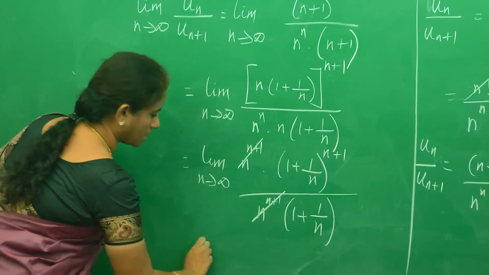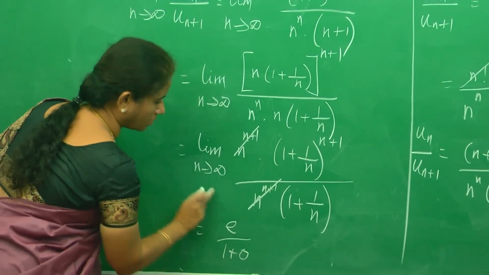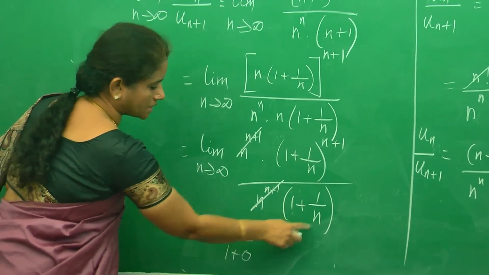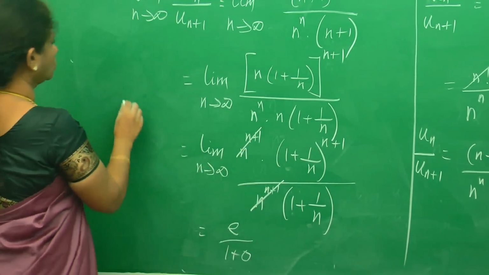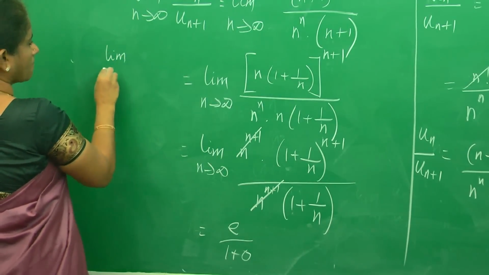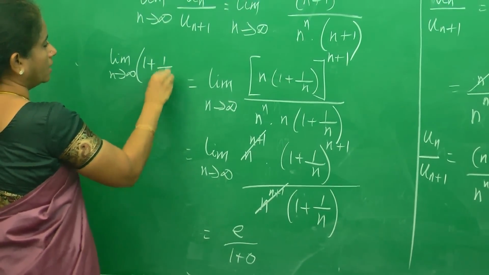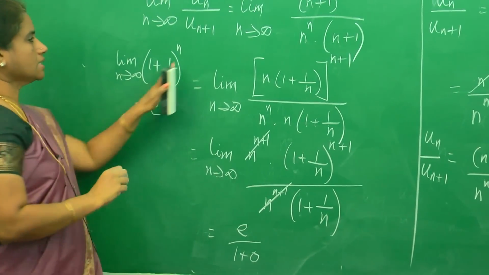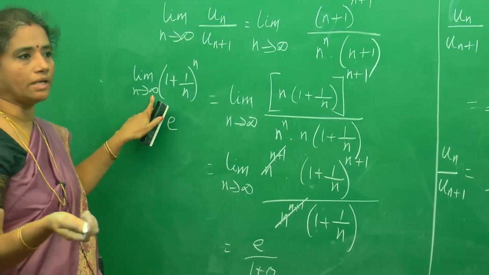So this is same as e divided by 1 plus 0, because when n tends to infinity, this is 0 and 1 plus 0 you get here, and this is the standard limit. Limit n tends to infinity, 1 plus 1 by n to the power of n is e. But this n and n plus 1 does not matter because n is going towards infinity.